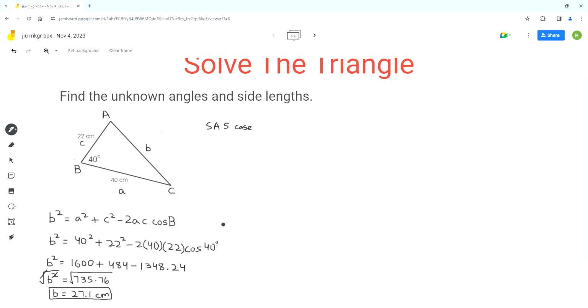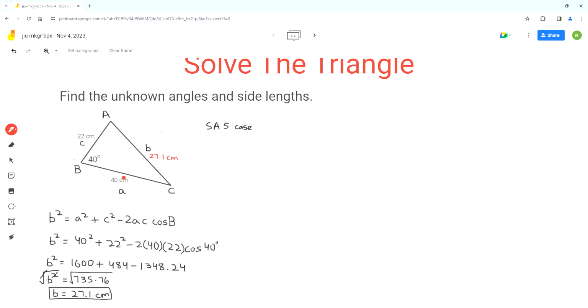Now we have to find the angles A and C in this triangle. So I'll label this. So for this one we got 27.1 centimeter. So we can either use cosine law equation to find angle A because now we know all three side lengths, or the easier option is to use sine law.